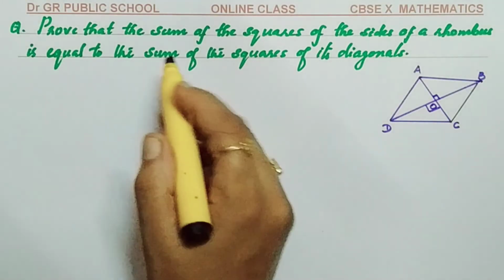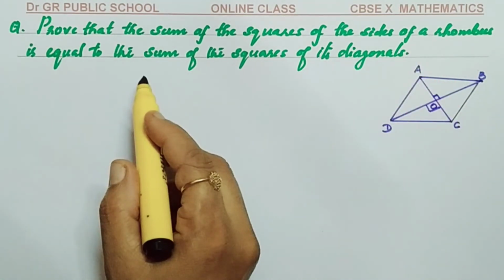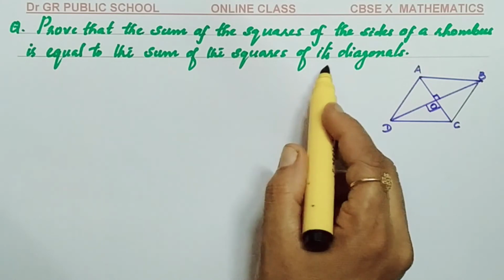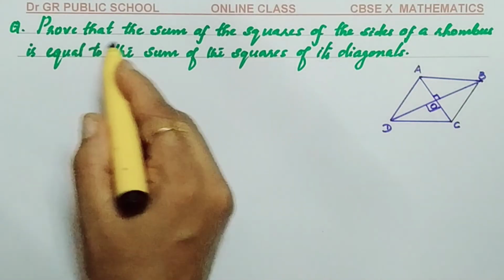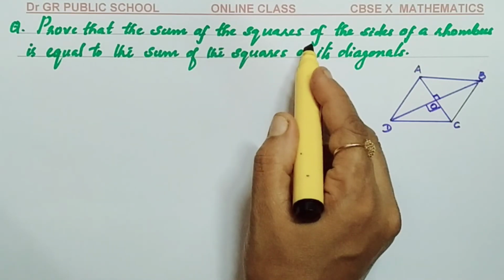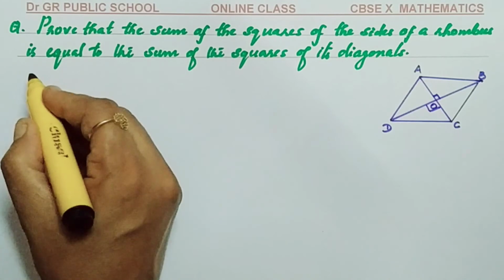Another question. Prove that the sum of the squares of the sides of a rhombus is equal to the sum of the squares of its diagonals. Let us discuss that question. Consider a rhombus ABCD.